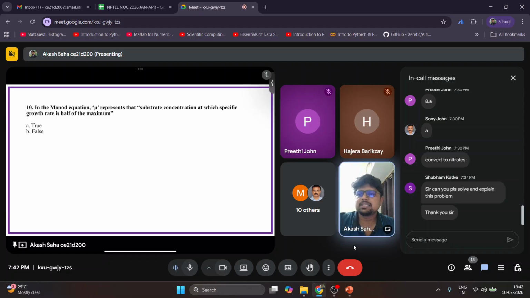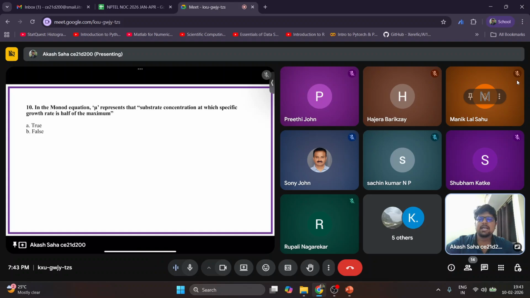Okay, next problem. It says that in the Monod equation, Ks represents that substrate concentration at which specific growth rate is half of the maximum, whether it's true or false.